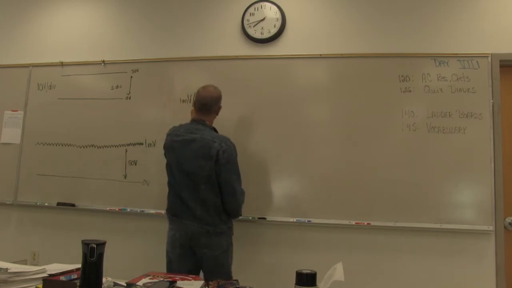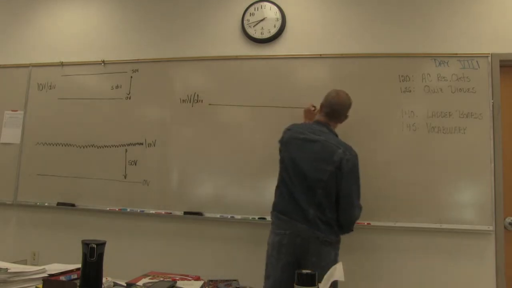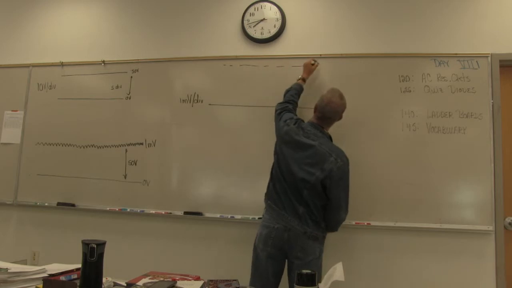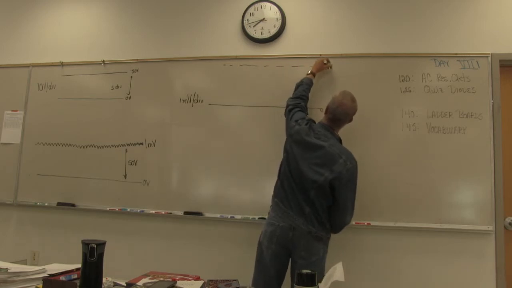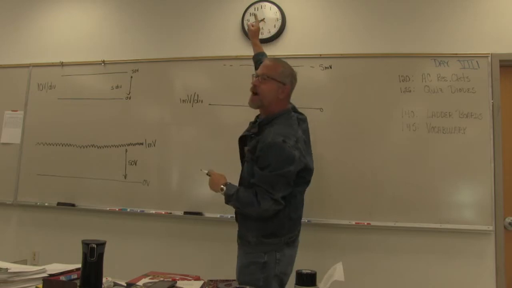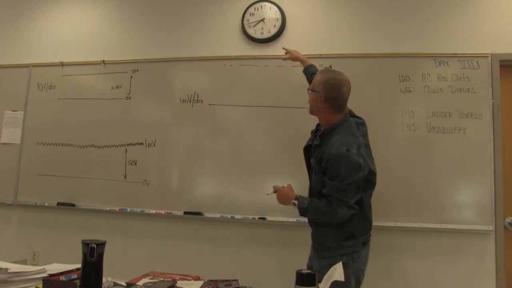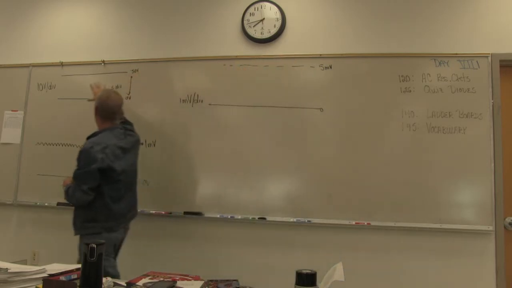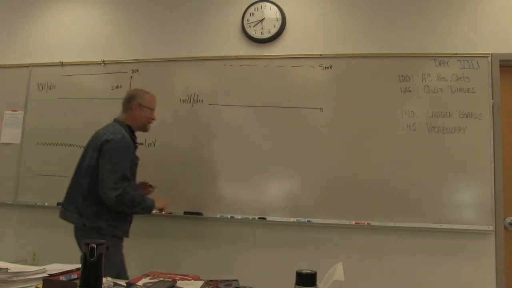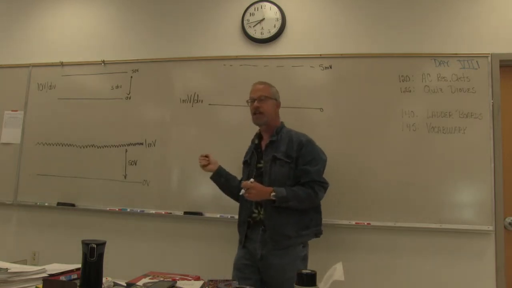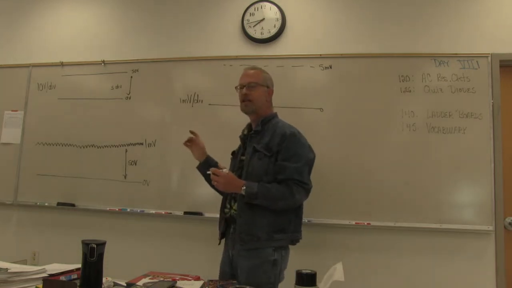If I put it on 1 millivolt per division, here's my 0 point, and at the top of my screen I'm at 5 millivolts, my waveform is up in the sky somewhere way up there. So there's no way for me to look at that waveform unless I move the switch to AC and get rid of the DC.